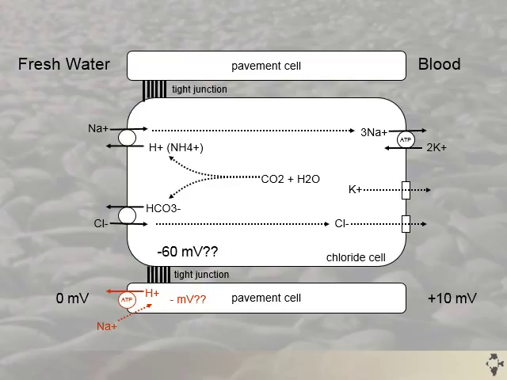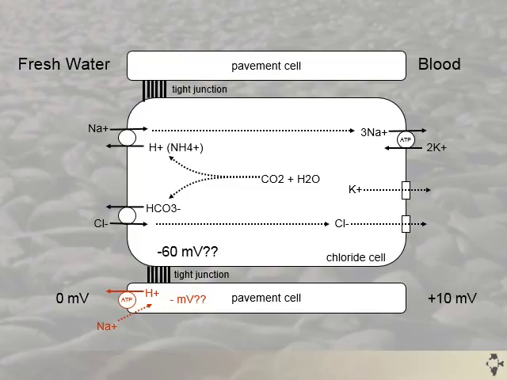The accumulation of CO2 in the blood will diffuse into the chloride cell, and the accumulation of that CO2 is going to drive the bicarbonate buffer system to form additional bicarbonate ions and hydrogen ions. It's also going to shift the ammonia versus ammonium equilibrium to form more ammonium, or NH4.